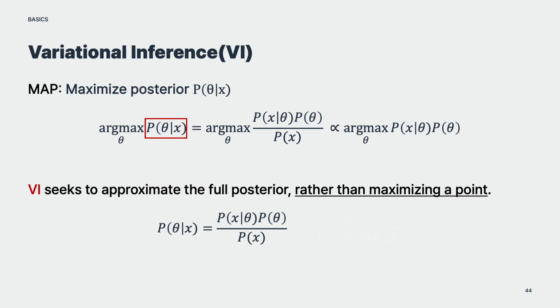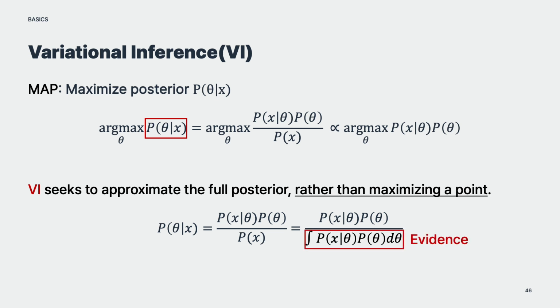One key difference is that unlike MAP, VI cannot ignore the evidence term in Bayes' rule because it does not simply search for the parameter that maximizes the posterior. Instead, it aims to approximate the entire shape of the posterior distribution.